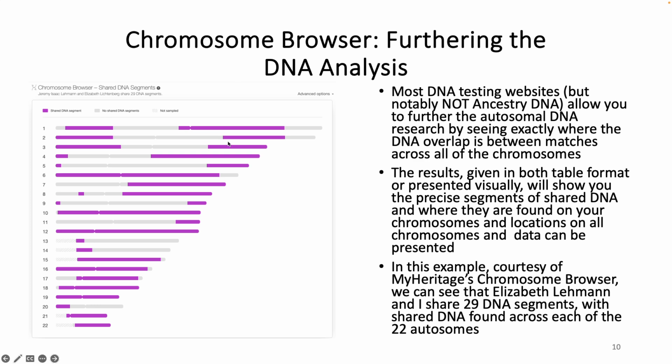And it shows, again, the precise segments of shared DNA, where they are found along the chromosomes, and the locations on all the chromosomes. In this example, courtesy of MyHeritage, this is again my paternal grandmother, Elizabeth Lehmann, and you can see the 29 DNA segments that I share with Elizabeth all across the 22 autosomes.